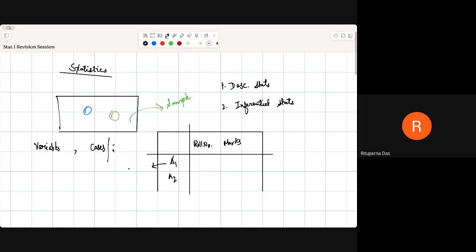Cases are also known as observations. So these are the rows, and for each row we record roll number, marks, gender, etc. These columns are the variables, and each column has its own unit. A variable has the same unit, marks has the same unit.